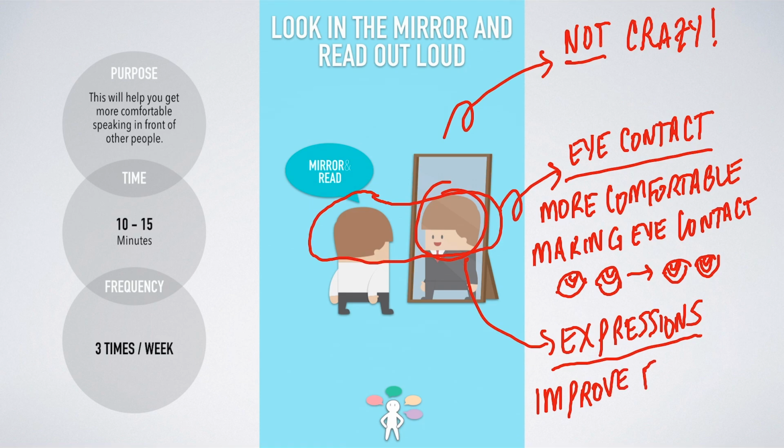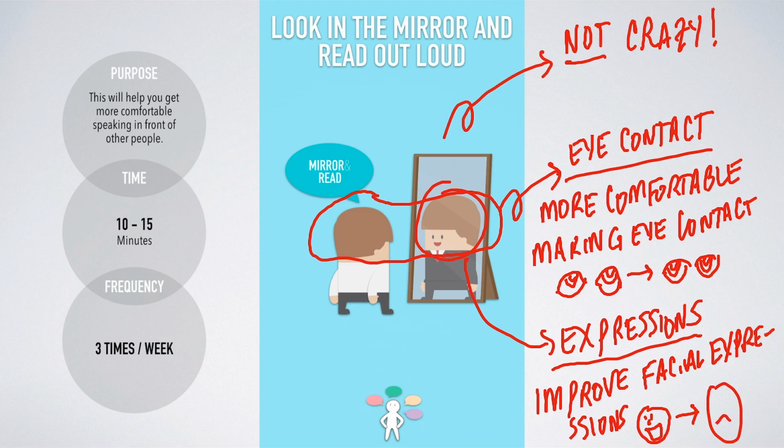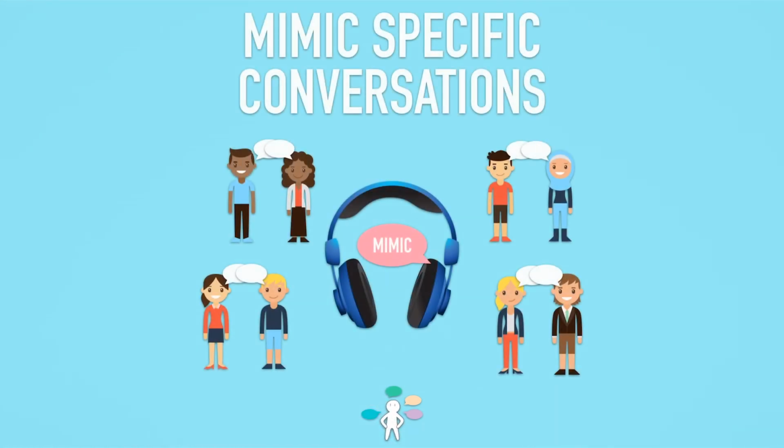So, this will improve your facial expressions. As you speak, you'll recognize if you're smiling or if you're frowning when you're speaking. So you want to make sure to be aware of your facial expressions. Okay, let's keep going.